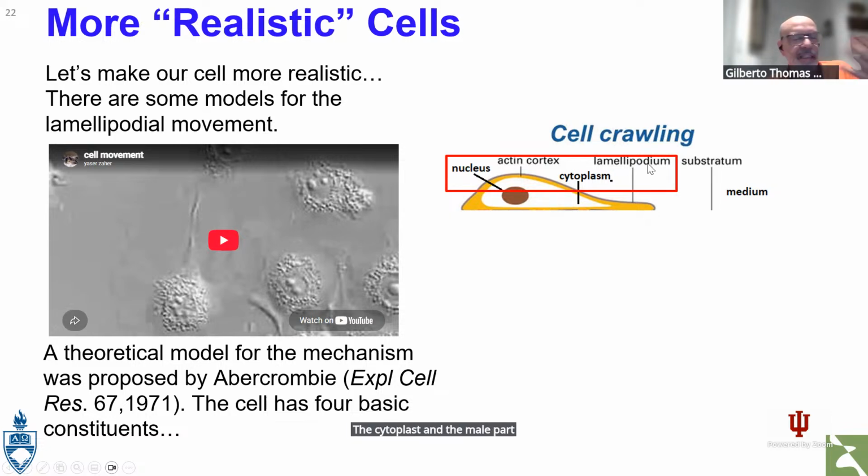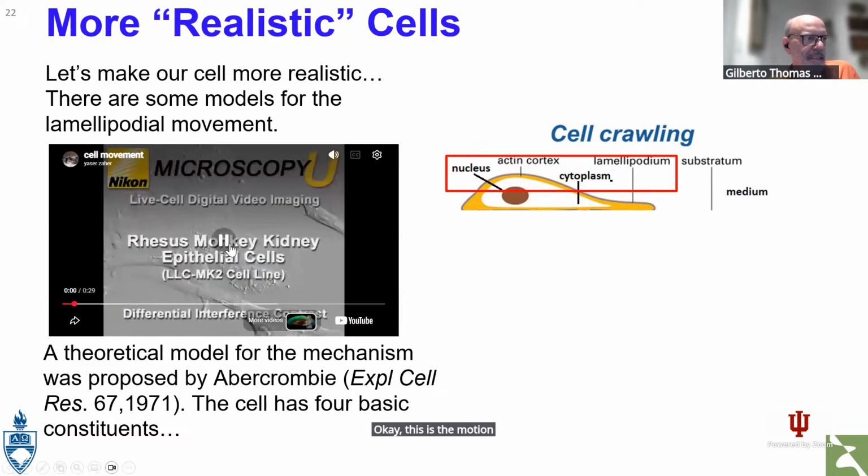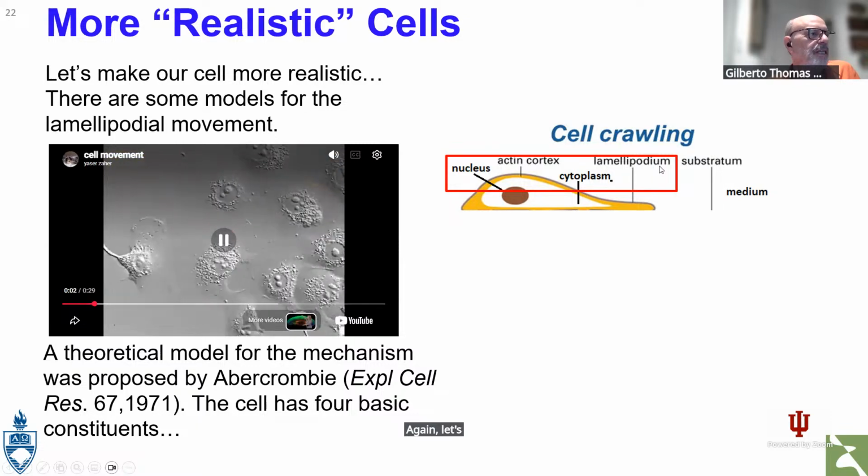And if you add an external participant in the model, the substratum where the cell is attached to, and the medium field. Okay, this is the motion. Again, let's see the motion here just to see it.